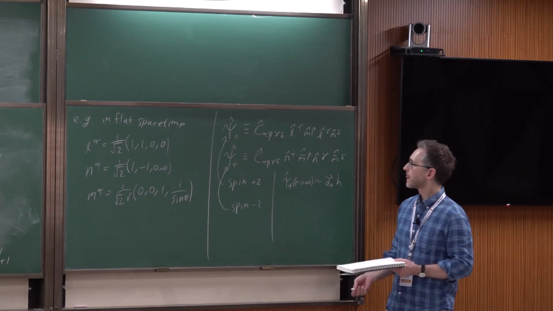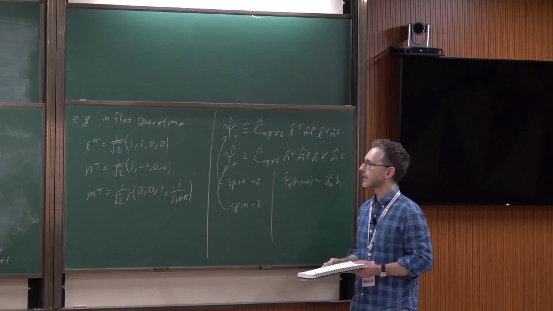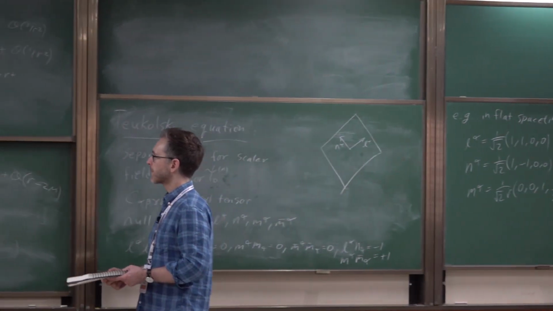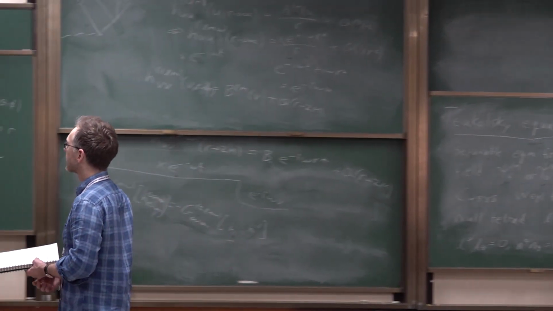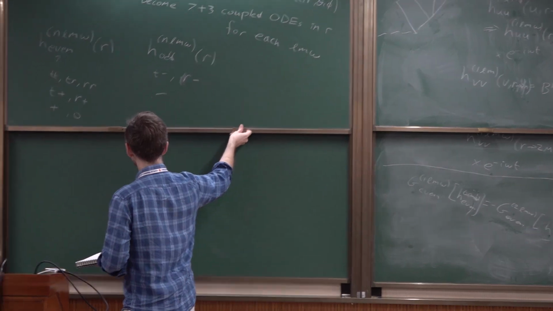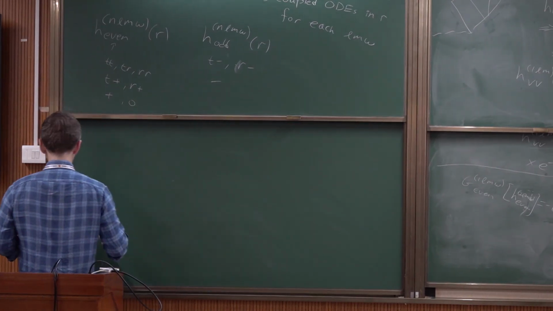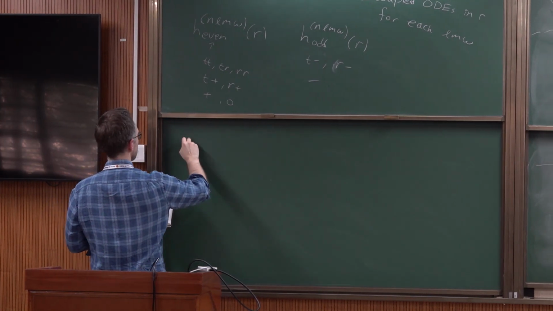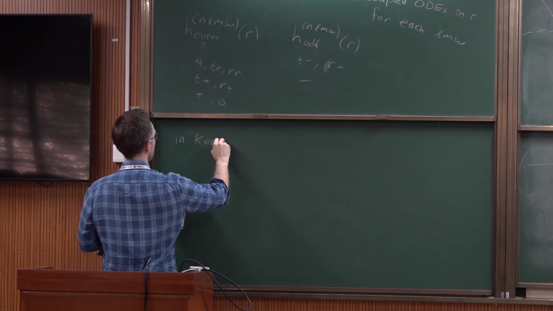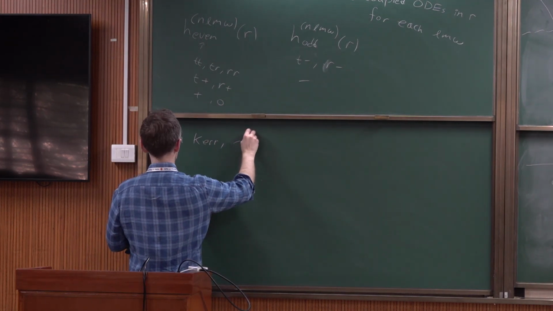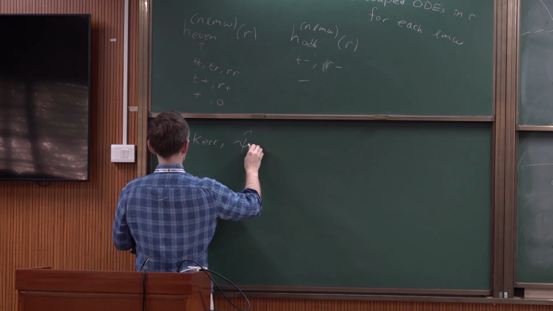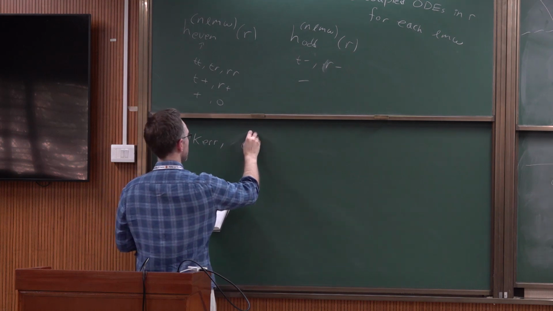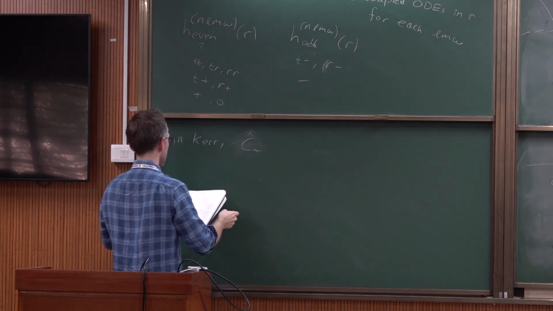Okay, now what I'm going to do is perturbatively expand psi 4 or psi 0, both or either. And I'm going to work in Kerr. Let me first start by writing the expansions of the individual pieces that go into it.